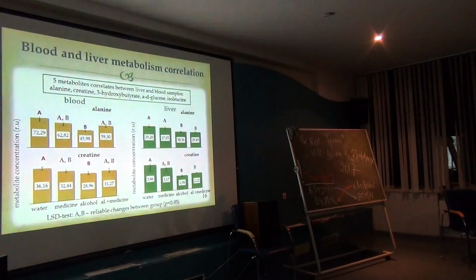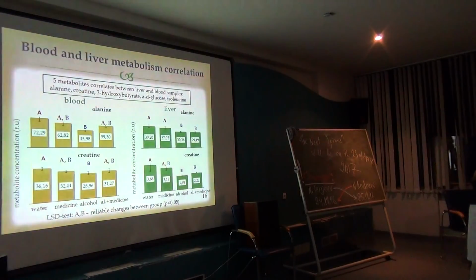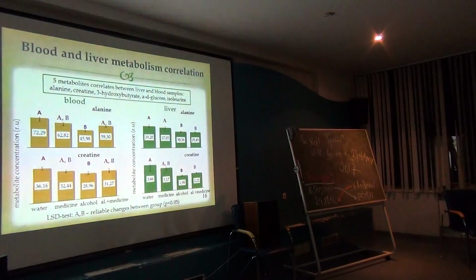About blood. Of course, blood is very convenient, but could blood correctly reflect liver metabolism? We calculated the correlation coefficient and found that 5 metabolites correlate between blood and liver, and 4 of them have similar reliable changes.